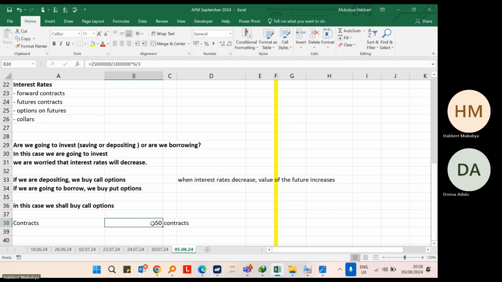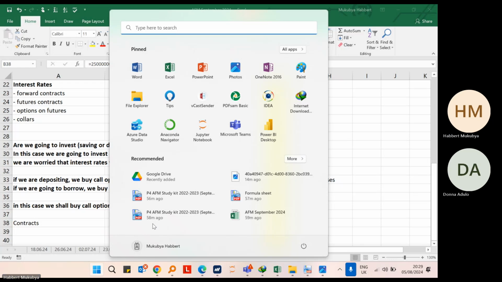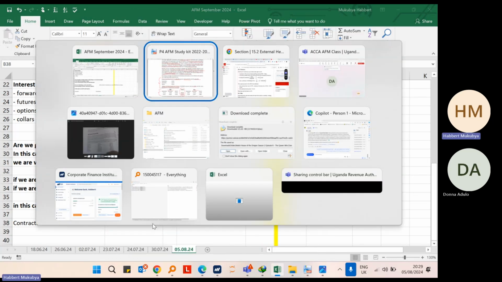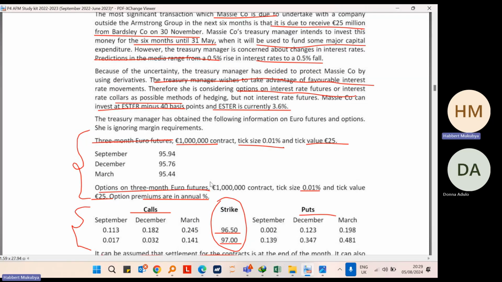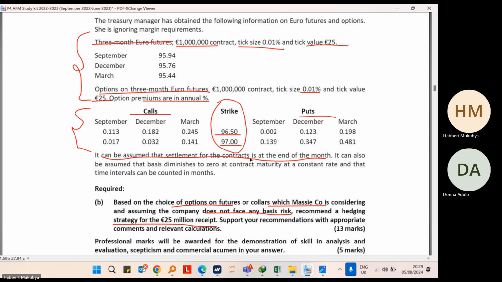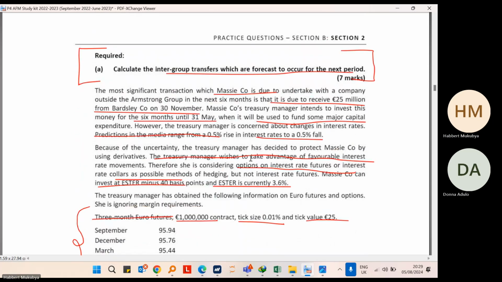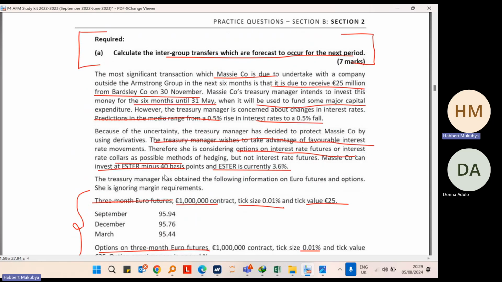So now we know that we need 50 contracts. Remember they told us that we can invest at Esther minus 40.